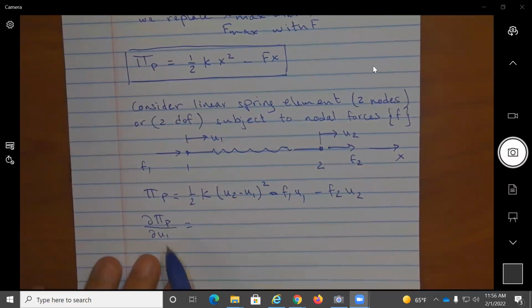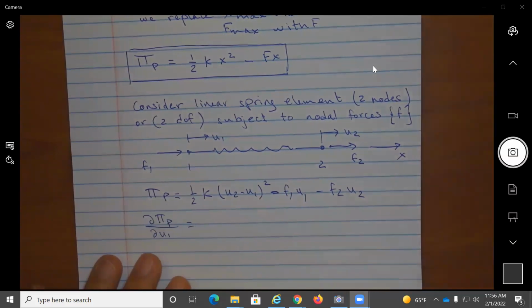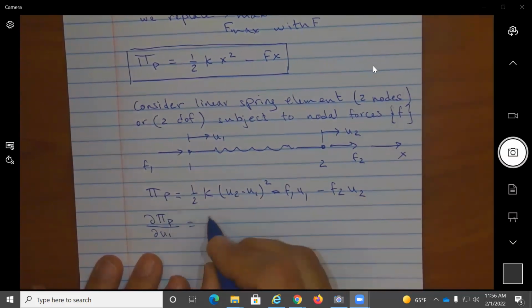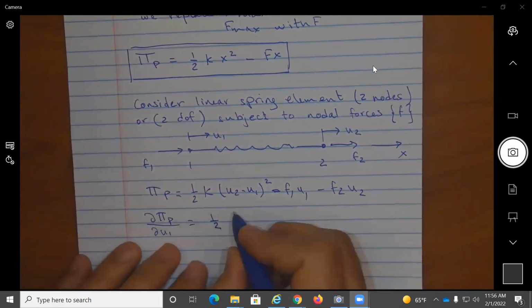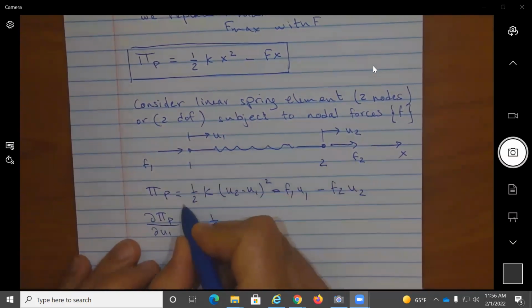Okay. So now here I'm looking at the partial derivative of the total potential energy with respect to U1. So I get here half K. And of course, I could have expanded the terms here.